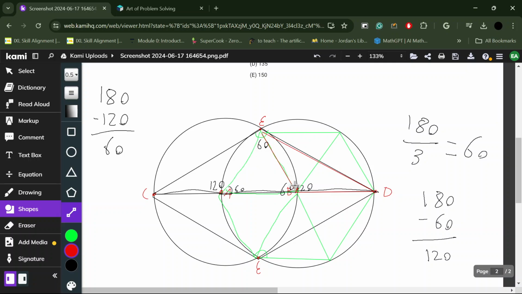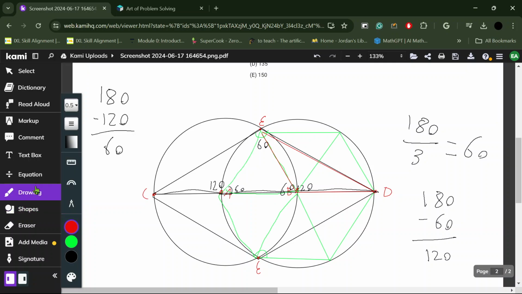This side of the triangle and this side of the triangle are actually equal. We know that because all of these triangles, all of the sides are equal, right? And since this is actually just the side length of this triangle, right? And so is this. So these are equal.